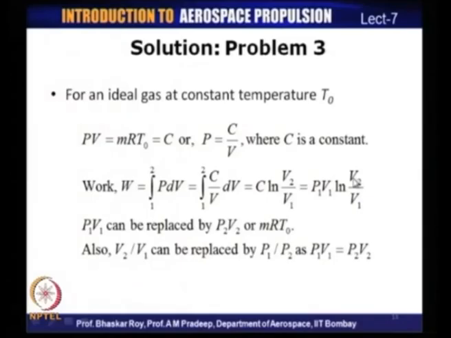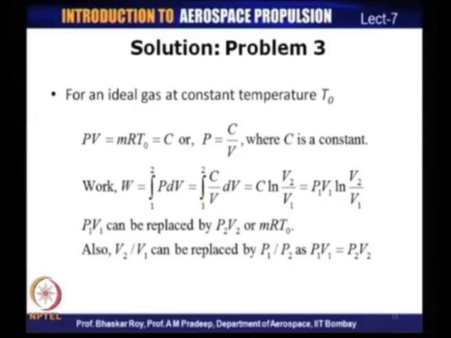I mentioned towards the end of the previous lecture that calculating the work done during a PV equal to constant process was to be carried out as an exercise for you. If you had done that exercise, you would have calculated work done as equal to P1 V1 log V2 by V1. And in this example we can replace P1 V1 by P2 V2, because it is an isothermal process.